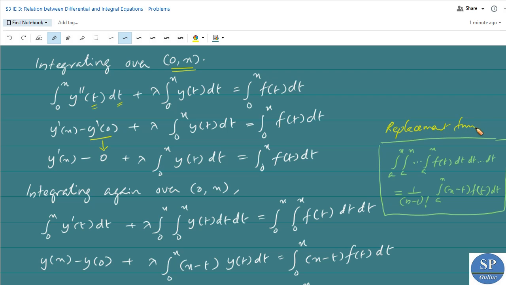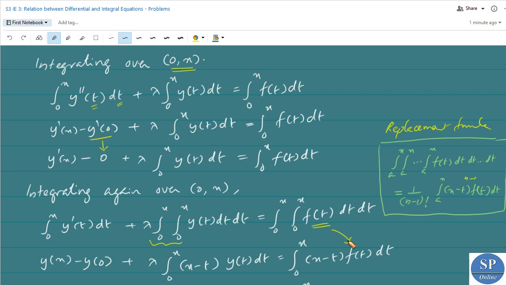So by using this replacement formula, here we have only two integrals. So 1 by (2 minus 1) factorial is 1 by 1 factorial, and we have x minus t power n minus 1. So here we will have x minus t into y of t dt. So this is equal to a single integral 0 to x of x minus t y of t dt, which is equal to, here also, integral 0 to x of x minus t into f of t dt.